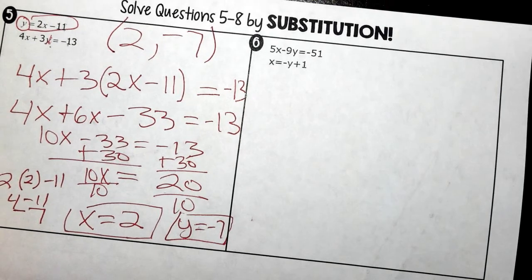Alright, so next would be, you have to substitute. So it would be y equals negative x plus 1. Because that ain't right, we can't do that.